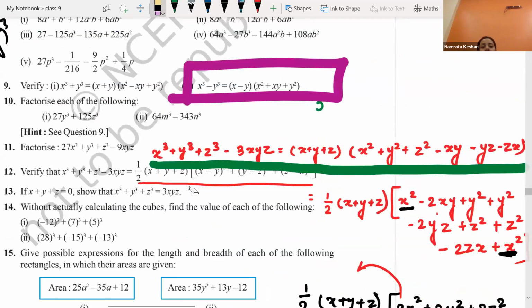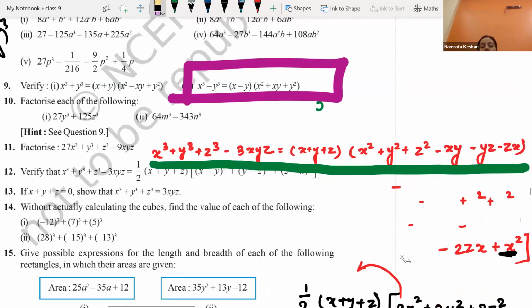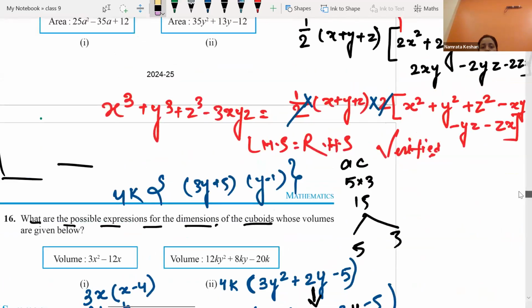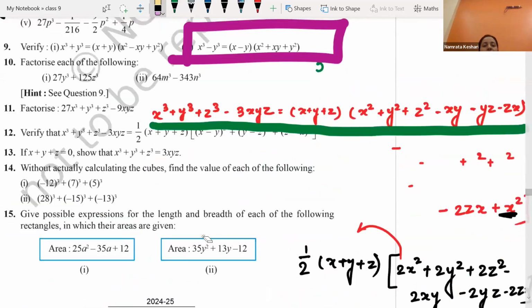Number 13. I am keeping the formula as it is, so that you can see the formula and we will be discussing number 13 for now. See, if x plus y plus z is equal to 0, then x cube plus y cube plus z cube is equal to 3xyz. We have to show it.